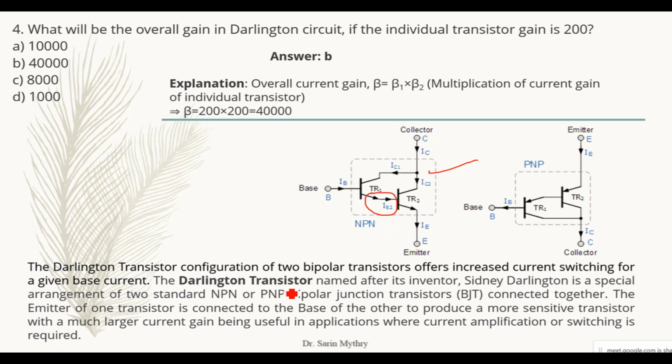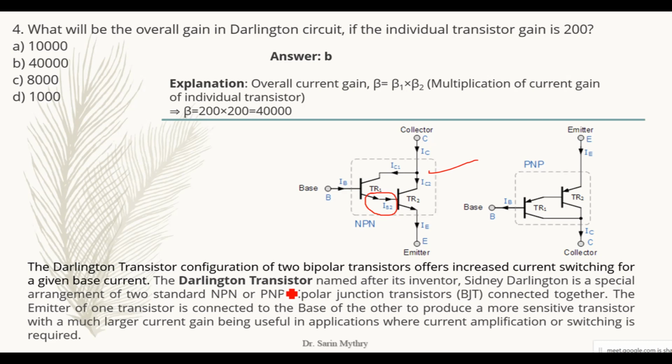The Darlington circuit, or the Darlington transistor, named after its inventor Sidney Darlington, is a special kind of arrangement where two standard NPN transistors or two standard PNP transistors are connected together. How are they connected here? The emitter of one transistor is connected to the base of the other transistor.